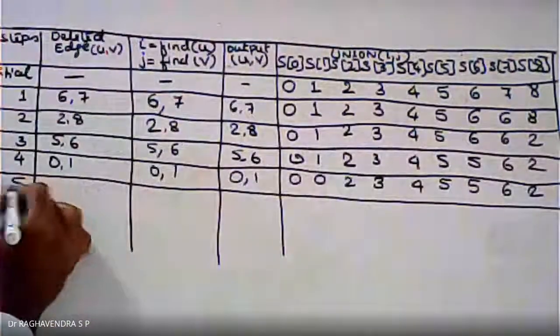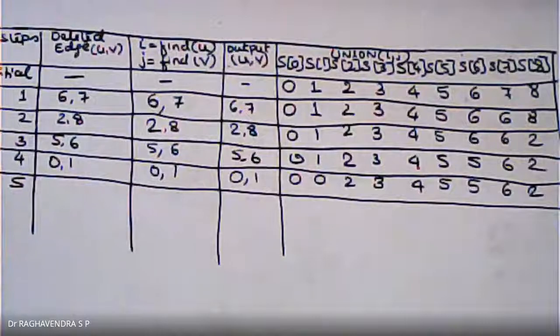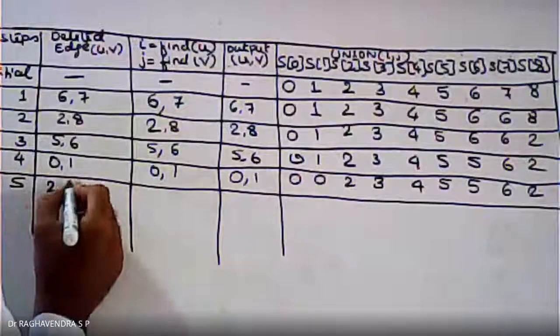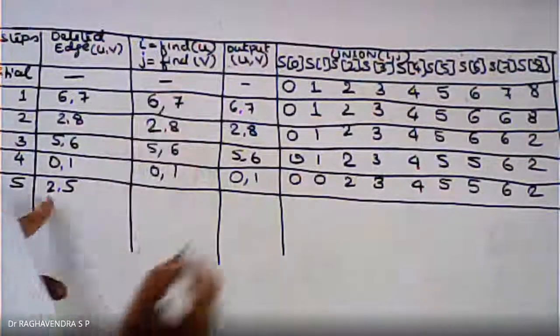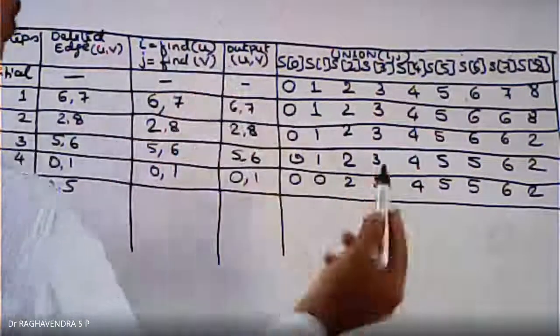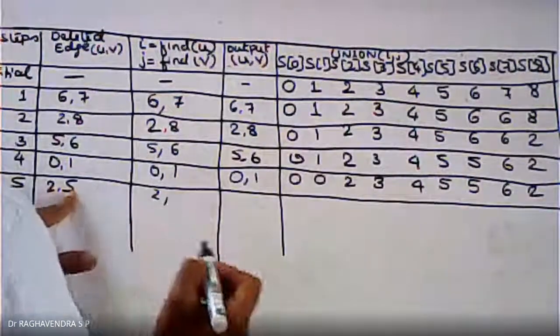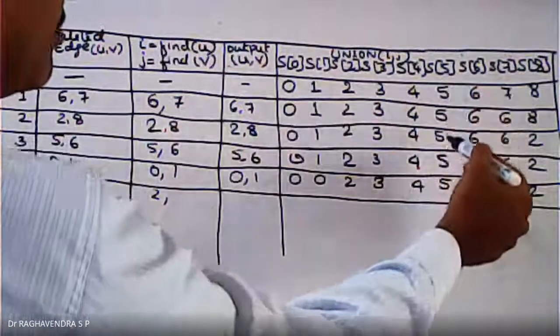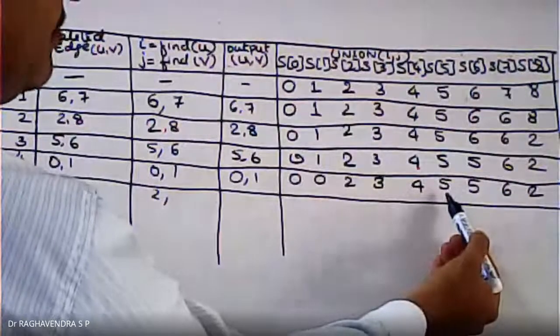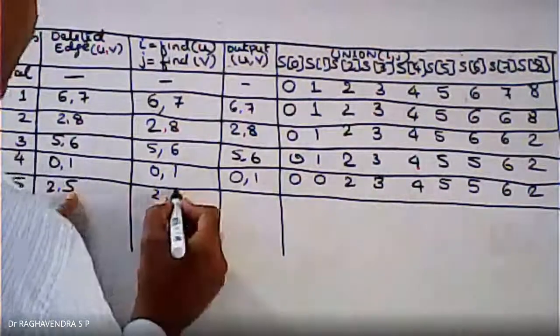Next, fifth step. Identify the next edge: 2, 5. Very good. Then find of 2. Find of 2 is 2. Next, find of 5. That is 5.